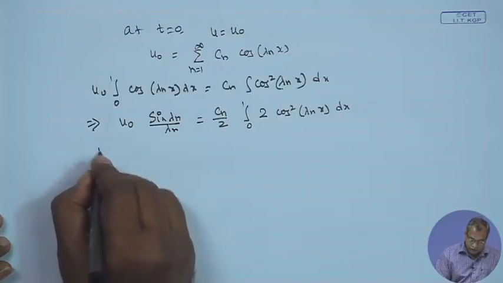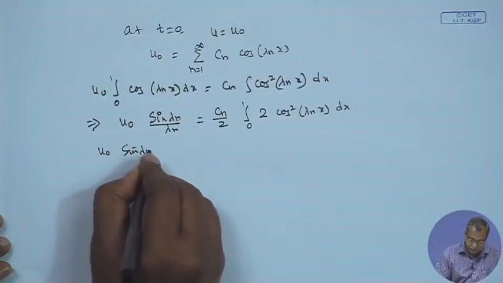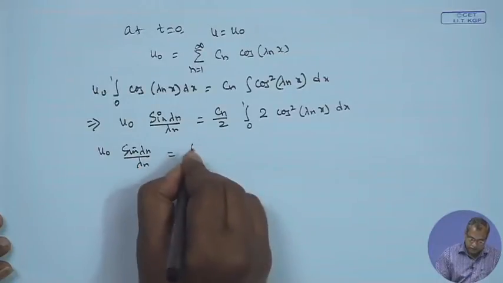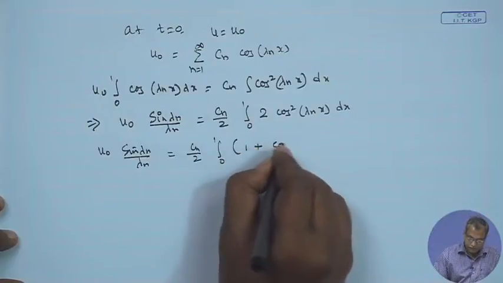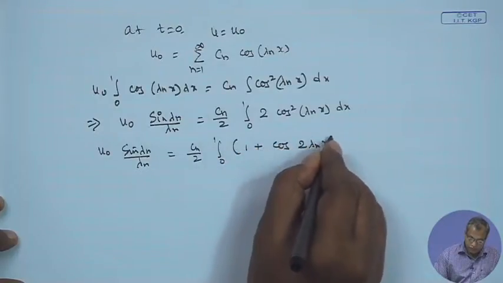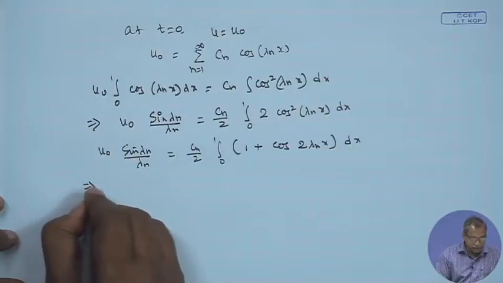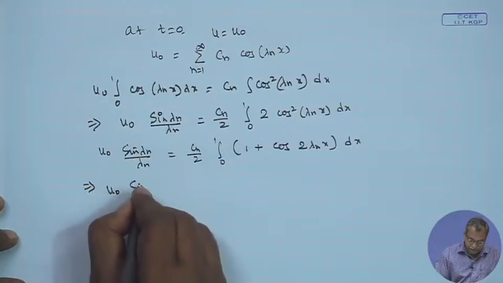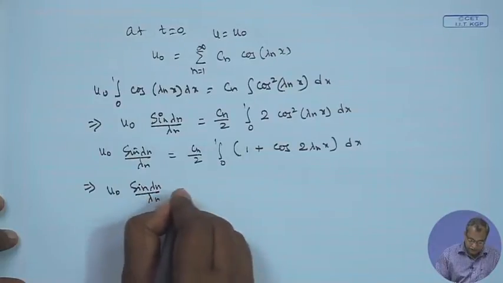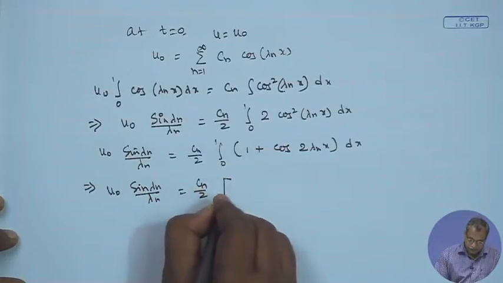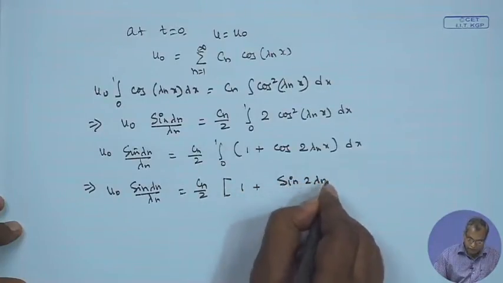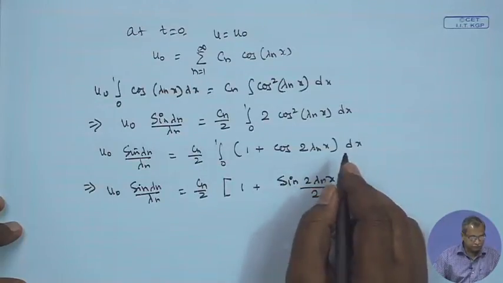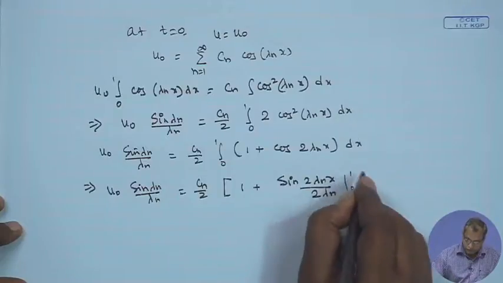We can further simplify it: sin lambda n by lambda n u naught equals Cn by 2, integral 0 to 1 of 1 plus cosine 2 lambda n x dx. If that is the case, then we can integrate it out on the right hand side, and what we get is Cn by 2 times 1 plus sin 2 lambda n x divided by 2 lambda n, from 0 to 1.